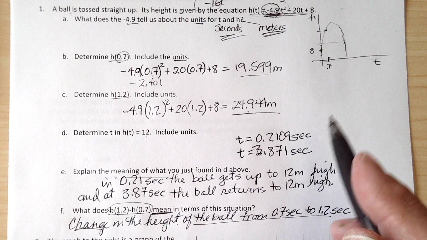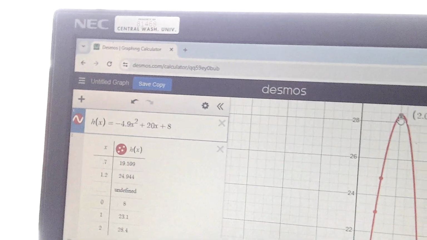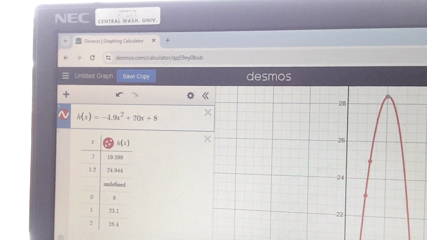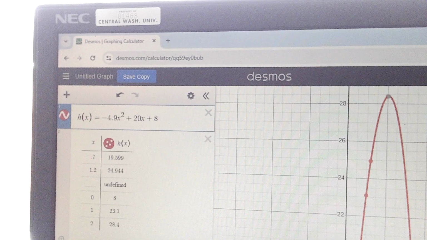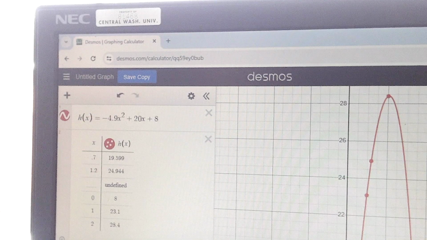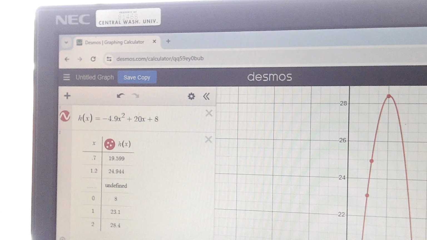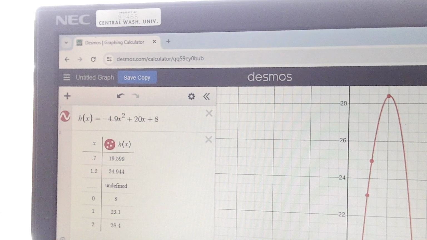Now, to find these times in Desmos, we do pretty much the same thing. We've got the graph here, and I would type in a new equation, y equals 12, and it didn't like y equals 12.